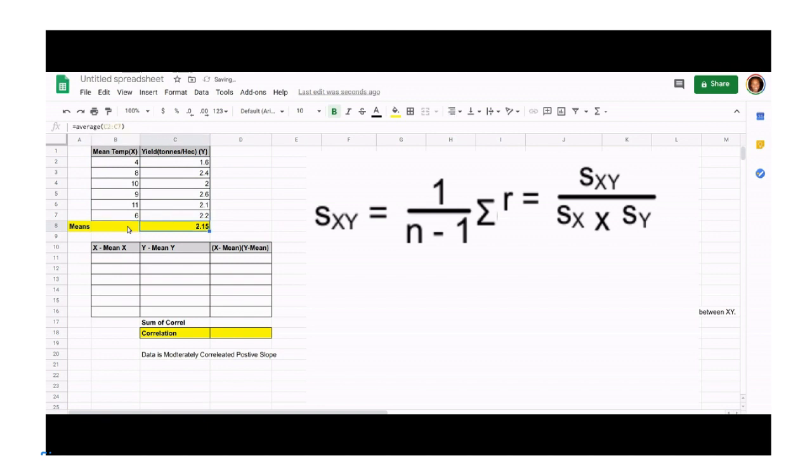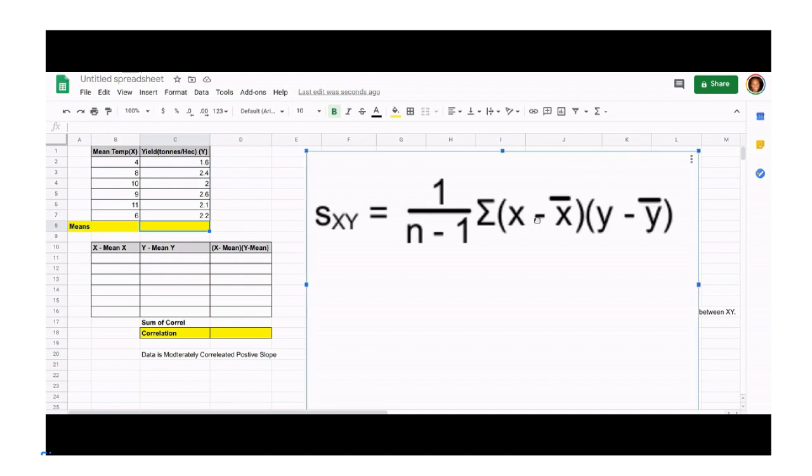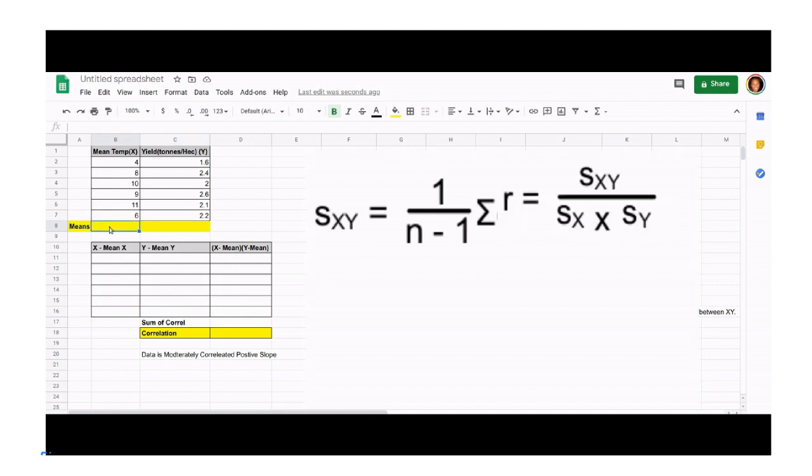Upon creating your spreadsheet, you'll notice that our original equation for our correlation was given by x minus mean and then y minus mean, and then you have to times them. So we have to actually build that up in our spreadsheet.